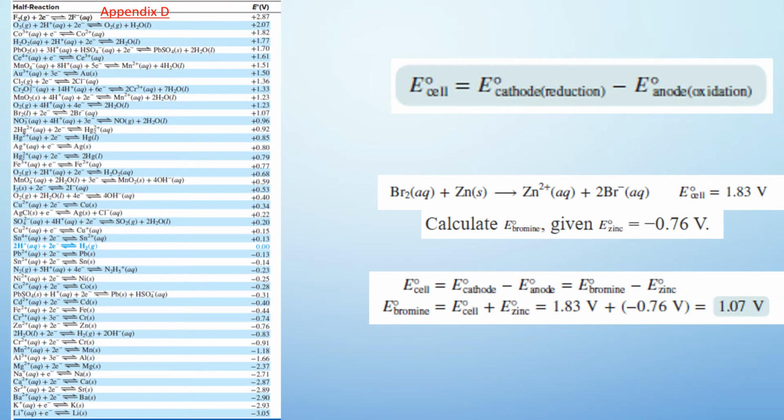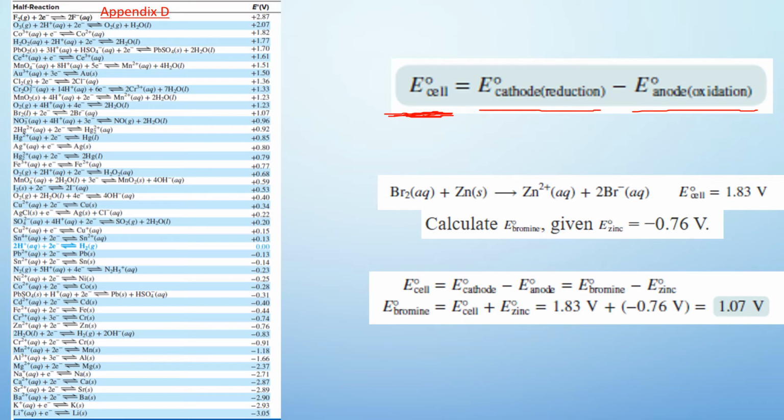Here is an example where we can use the information in the appendix to do some calculations, or to determine the cell potential or the standard half cell potential. The standard cell potential is equal to the standard half cell potential of the cathode minus that of the anode. So if we are given any two of these three values, we can calculate the other one.